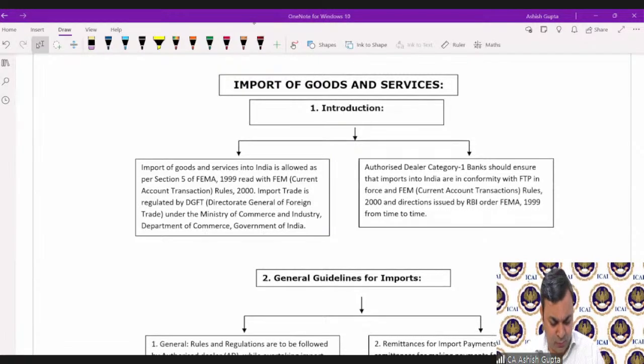Yes or no? I think it's perfect. Can we proceed towards import of goods and services? I think so. Audio, video, everything is perfect, and connection is also good.